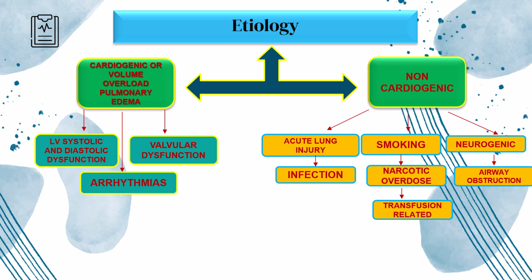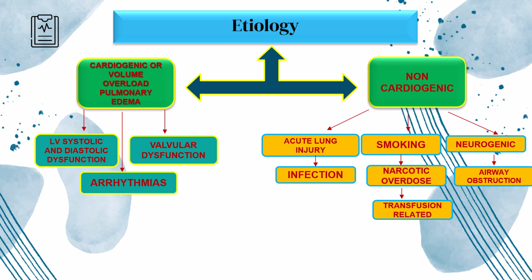Now, what are your non-cardiogenic causes? They can be due to some lung injury which has increased the pulmonary vascular permeability, and that leads to movement of proteins from the capillaries to the alveolar and interstitial compartments. That leads to hypoxemia and ARDS.